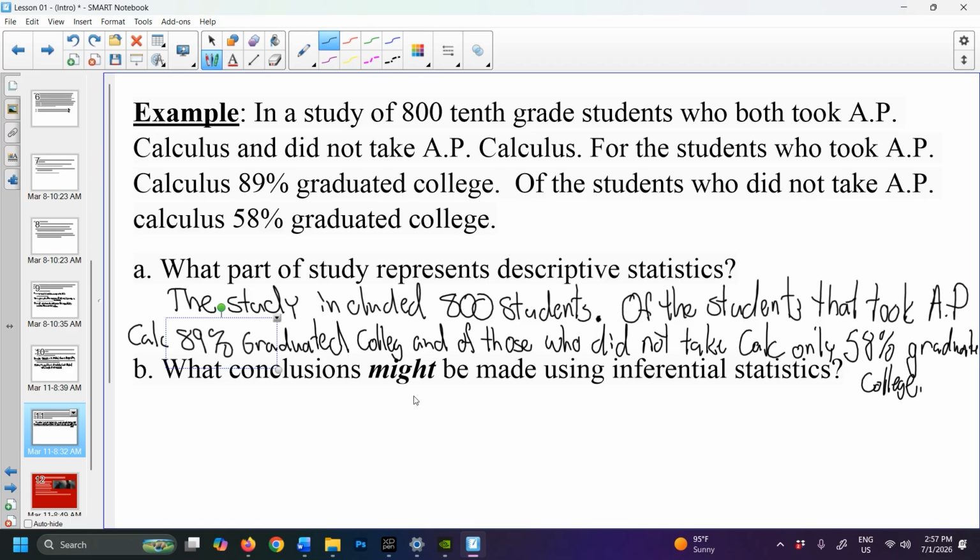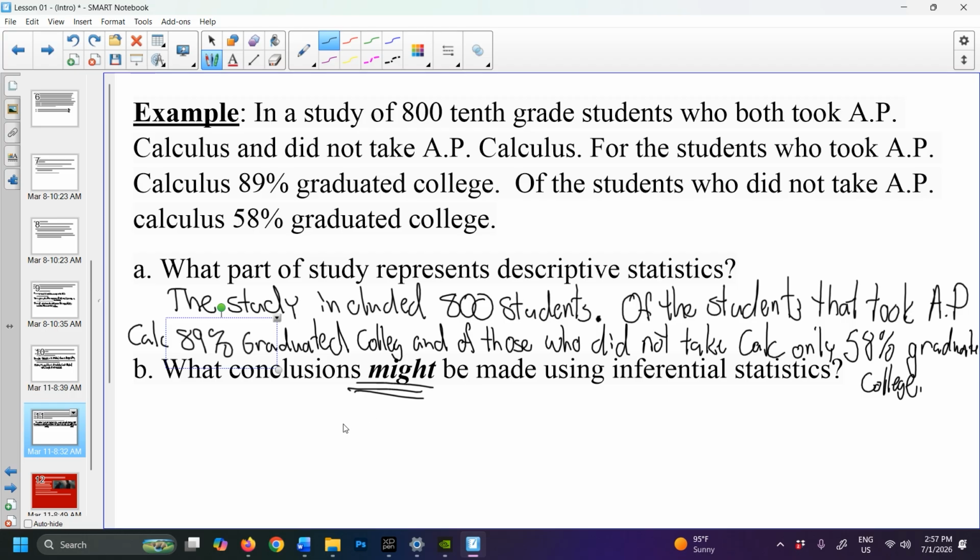What conclusions might be used using inferential statistics? And I'm underlining, highlighting, and bolding and italicizing might, because for you to say this, there's got to be some other work done, and that's what we'll be learning in this semester.